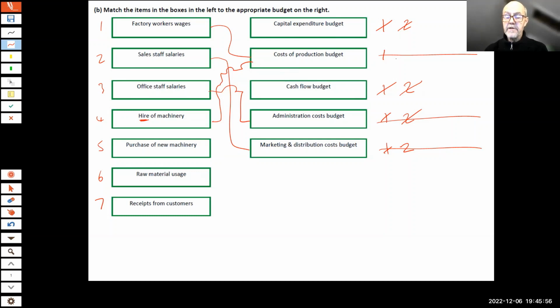So actually some of these can be in more than one. Some of these have more than one answer relevant to them. Purchase of new machinery, that is, of course, capital expenditure.